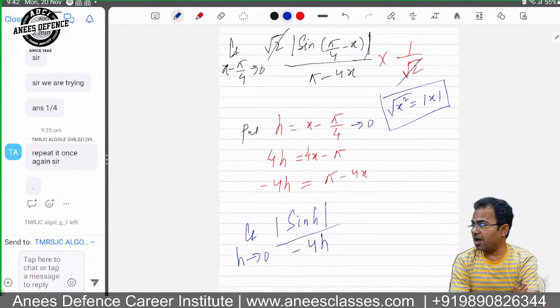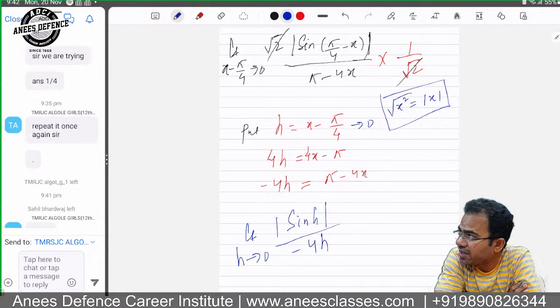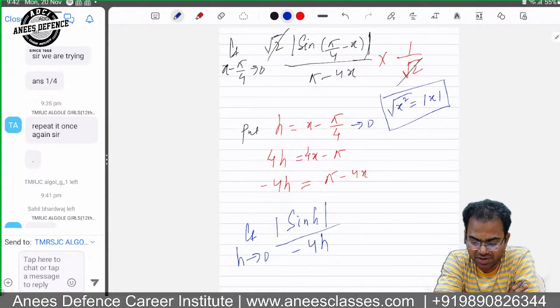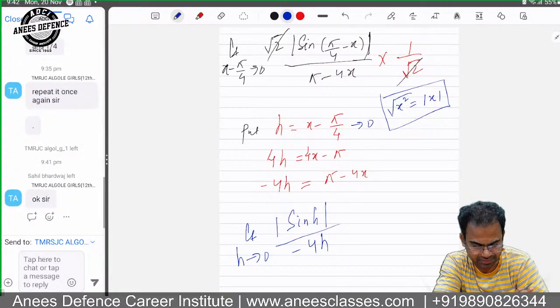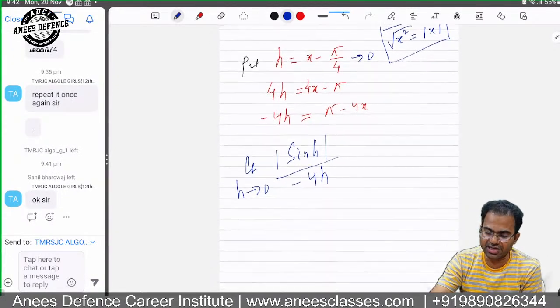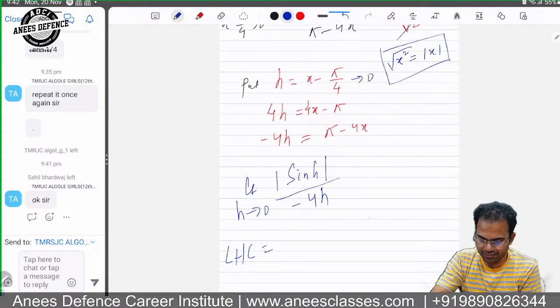As I already told you that modulus is a piecewise function. So we have to find here LHL limit and RHL limit. Okay. We have to find LHL and RHL. So LHL, minus 1 by 4 is already common factor.